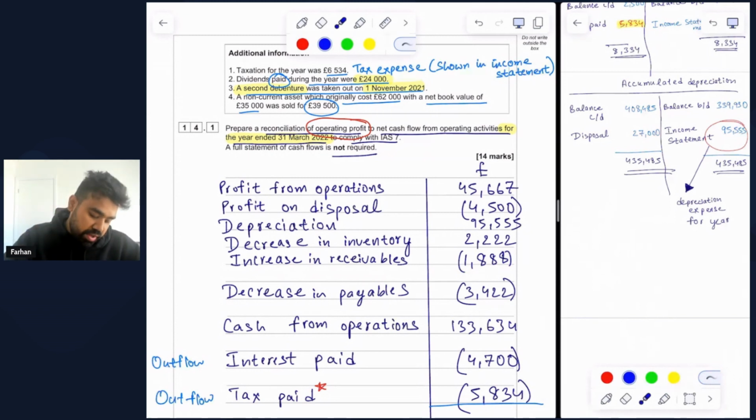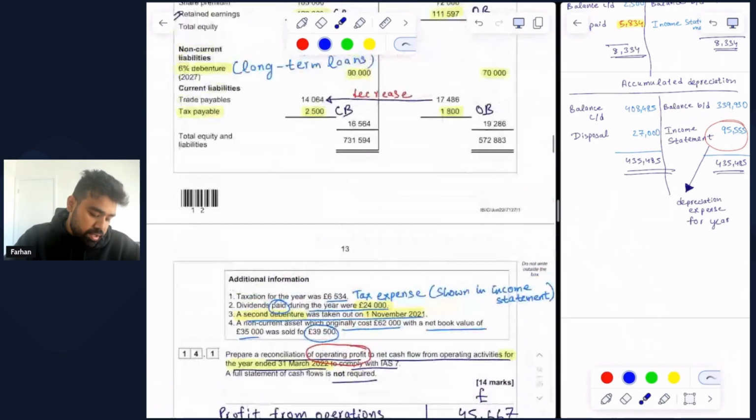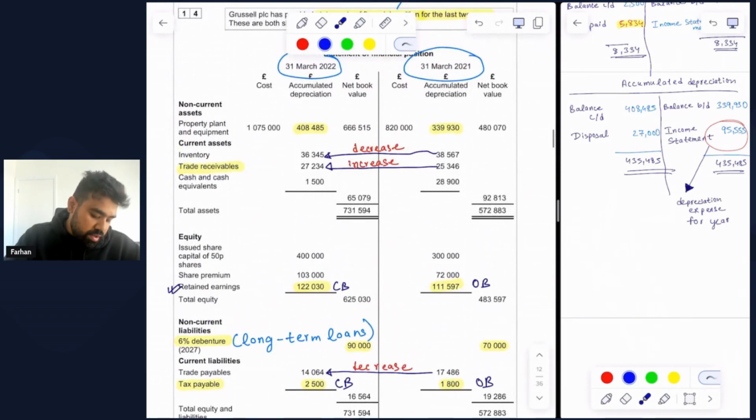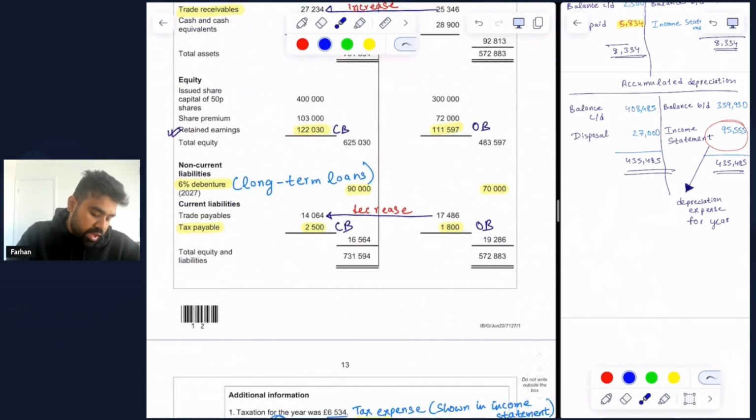Then we have decrease in payables. So this is obviously referring to the current liabilities. So let's move into the current liabilities section. So in the current liabilities section, we have the trade payables. So in the previous financial year, trade payables had an amount of 17,486, which decreased to 14,064 for the current financial year.